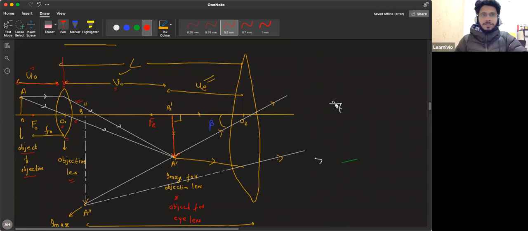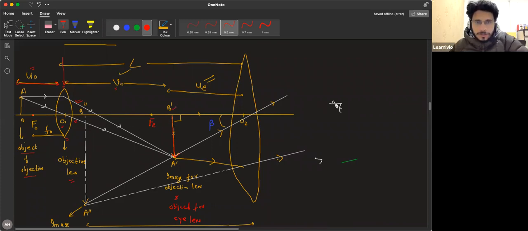This AB is the object for the objective lens. What is the image for the objective lens? Yes, A dash. Yes, you're right. Hishma, what is the image? A dash, B dash is the image for the objective lens.